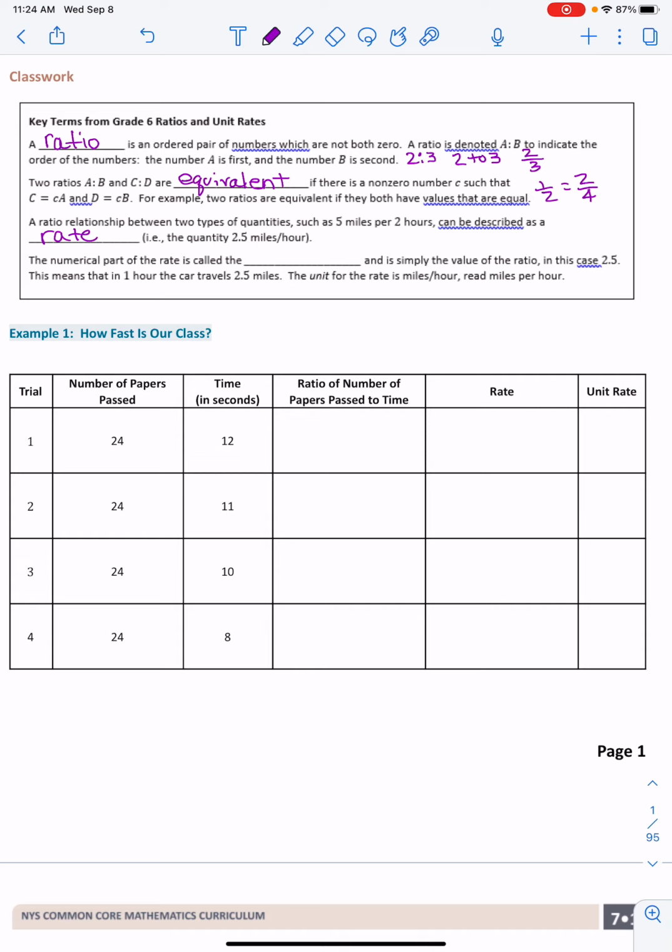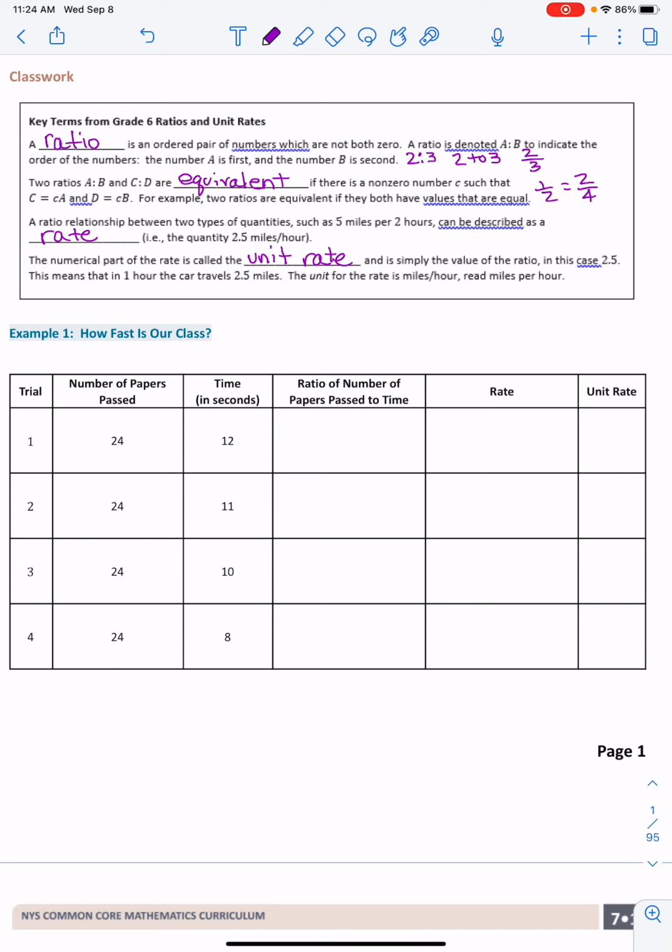The numerical part of the rate is called the unit rate, and is simply the value of the ratio, in this case, 2.5. This means that in 1 hour, the car travels 2.5 miles. The unit for the rate is miles per hour.